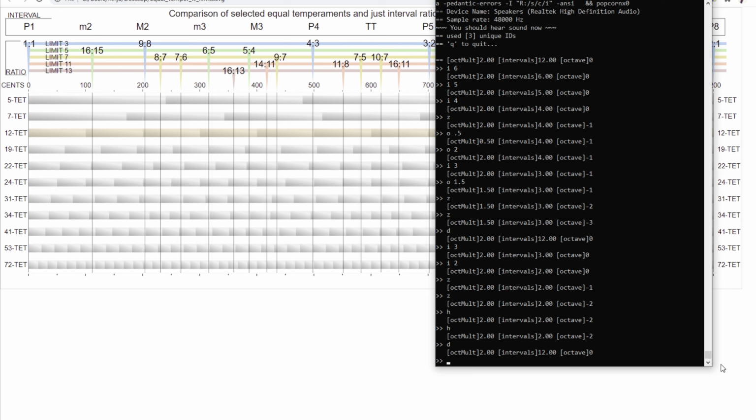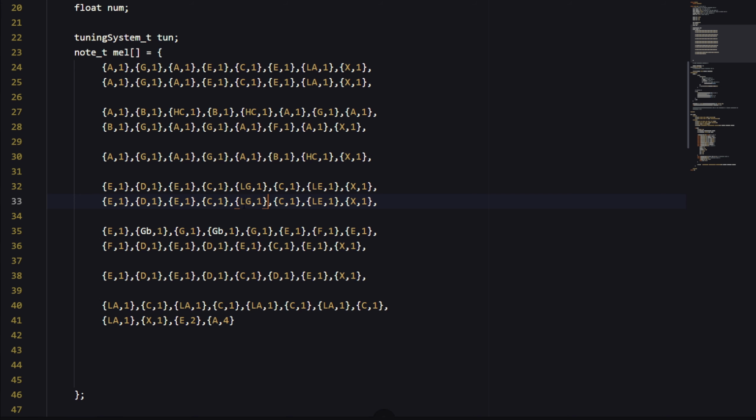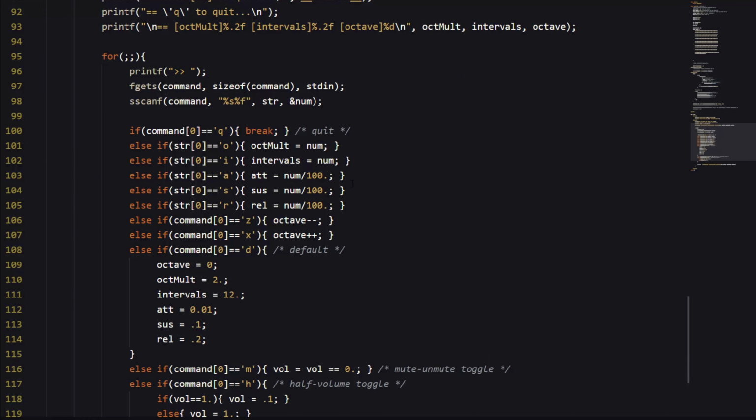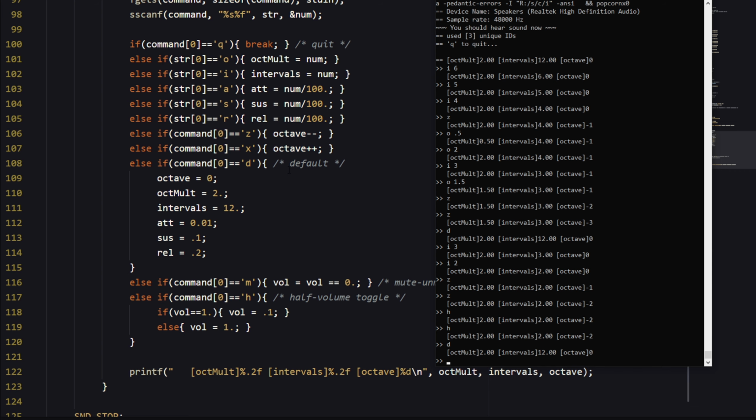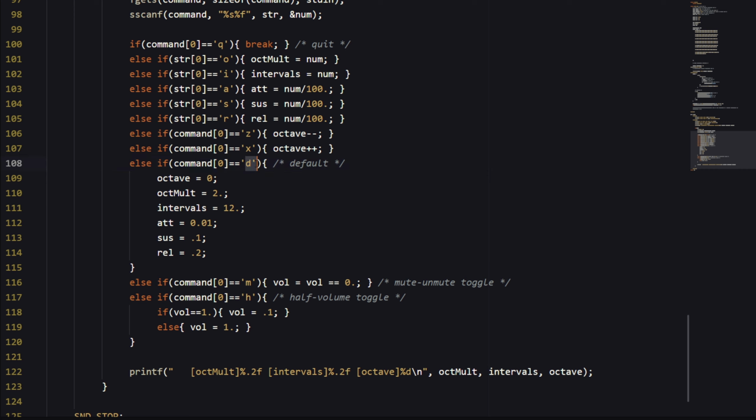I will put the code somewhere, maybe Pastebin or something, so you can experiment and play as you want. I built also this little kind of live coding, or let's call it live tuning environment, where you have several commands to change the octave, go back to the default tuning, and of course change the multiplier and the intervals.